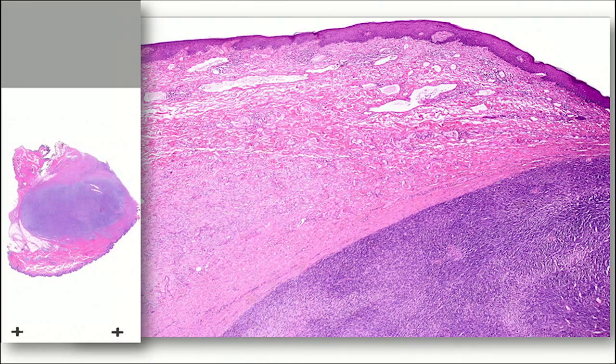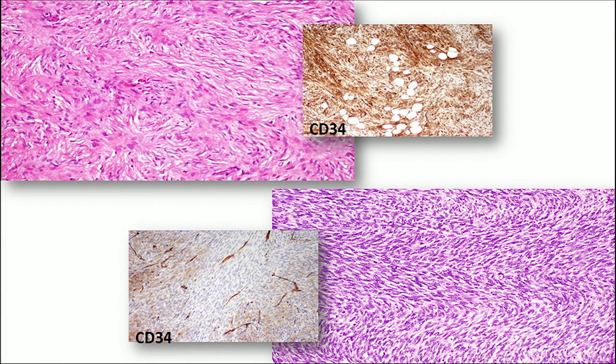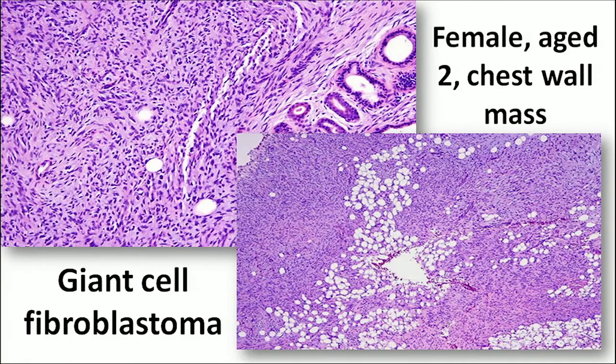So here's an example of a DFSP that's gone on to fibrosarcomatous differentiation. If it's completely overgrown, this can create some problems to recognize. These, of course, as you know, often will lose their CD34 reactivity, although not always, in the fibrosarcomatous area, as shown here. And then we can have some unusual forms of DFSP, such as the giant cell fibroblastoma that's more common in the pediatric population.